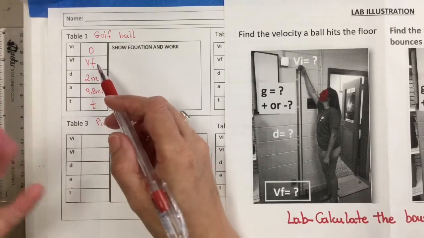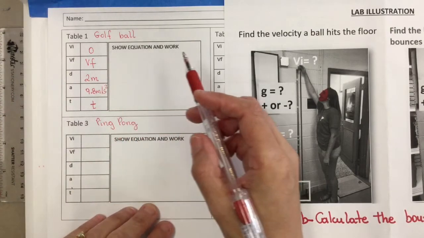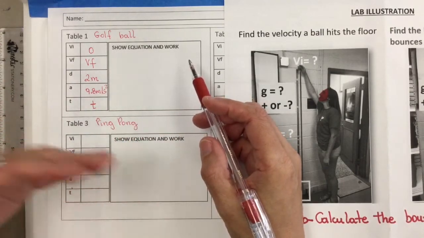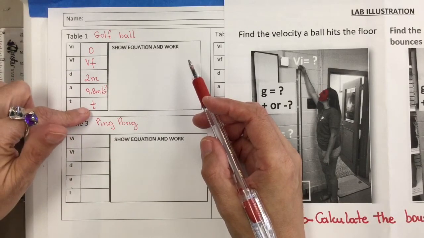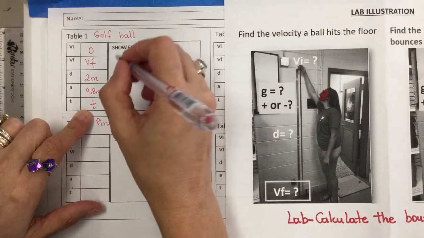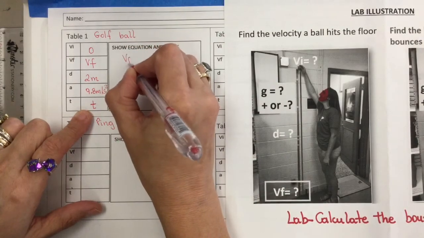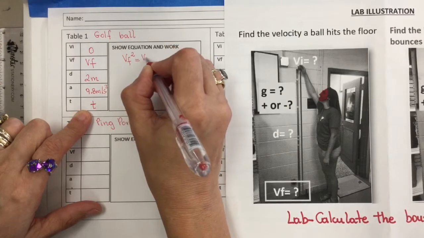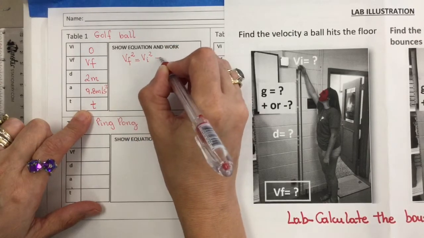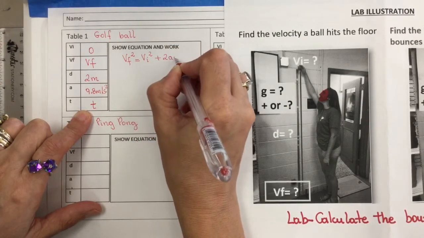So we are going to use one of the equations that does not involve time, because we don't have this information. The equation is: the final velocity squared is equal to the initial velocity squared plus 2AD.